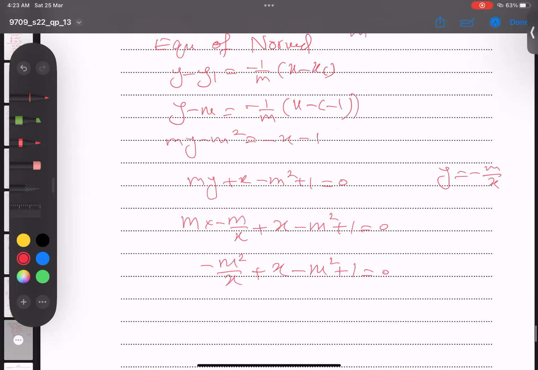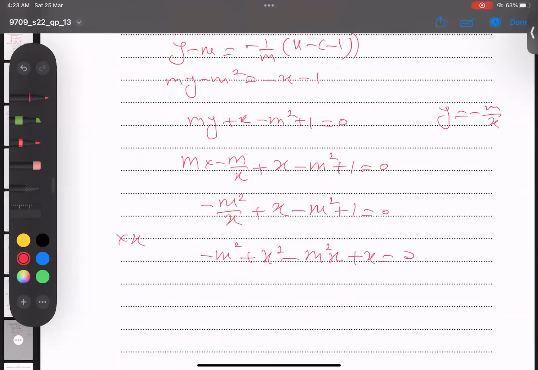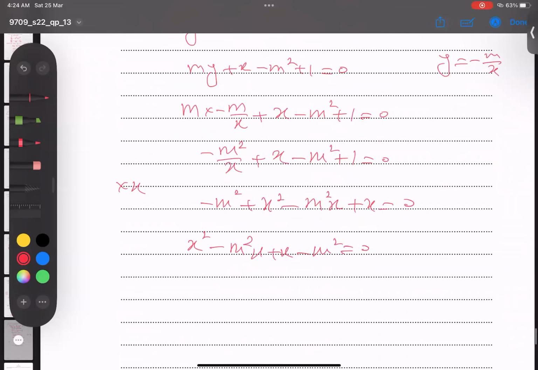Now multiply the whole equation by x. I get minus m square plus x to power 2 plus m to power 2 x plus x equals 0. Rearranging, I get x square minus m to power 2 x plus x minus m square equals 0. I got this equation now, and I think it is very clear.